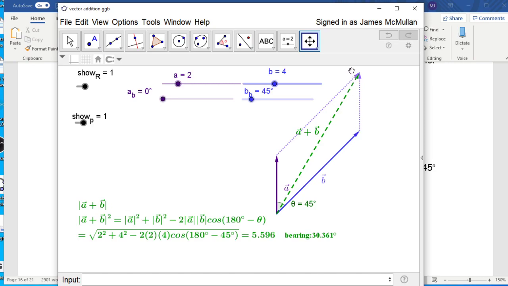But for the cosine law, in the triangle that I'm working on, I would need this angle here. Once I got that angle, I would use the sine law to get the other angle over here, and I would just find out what that was. You can look at an example of how to do that from the end of yesterday.